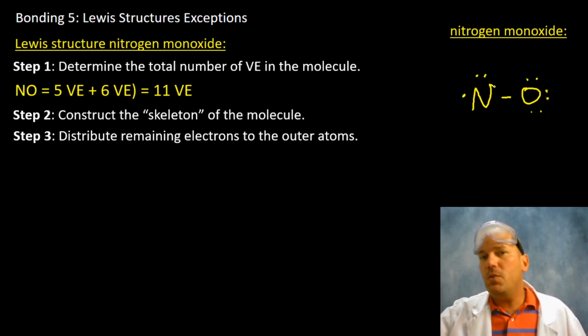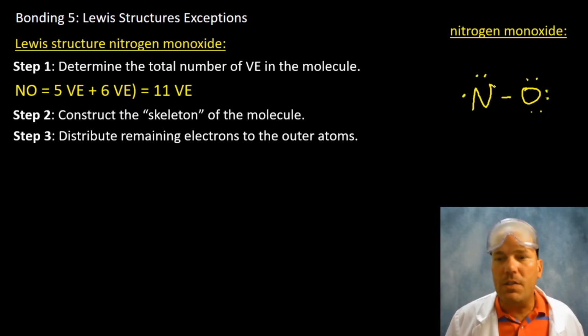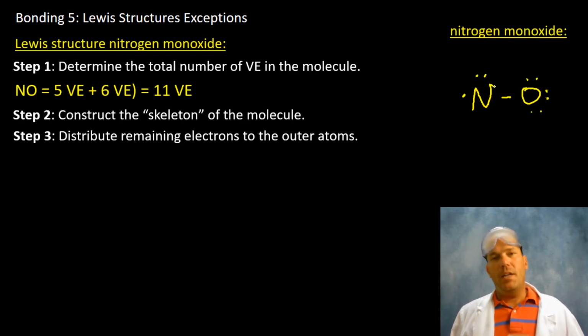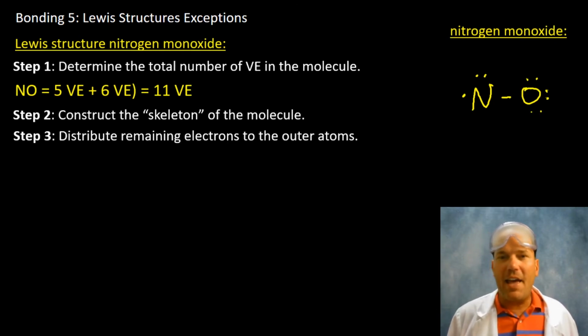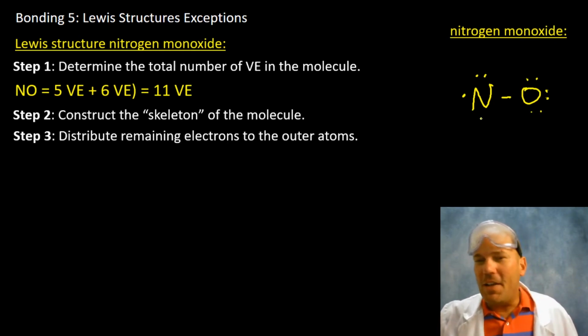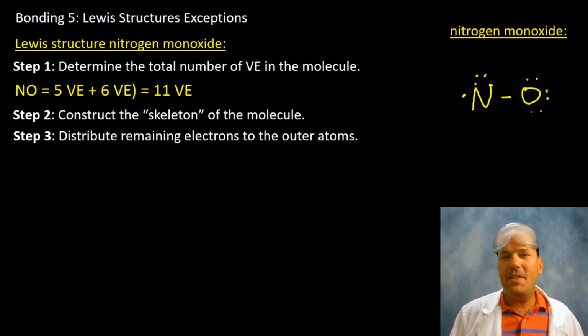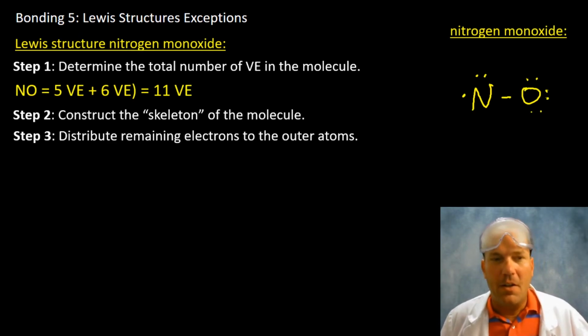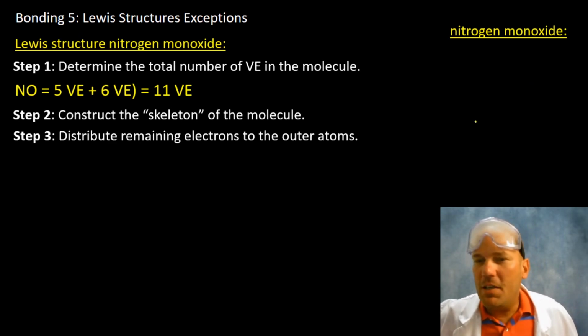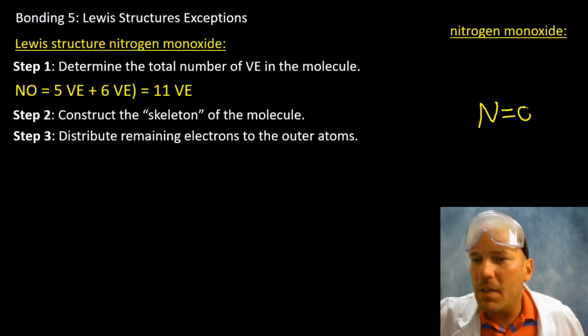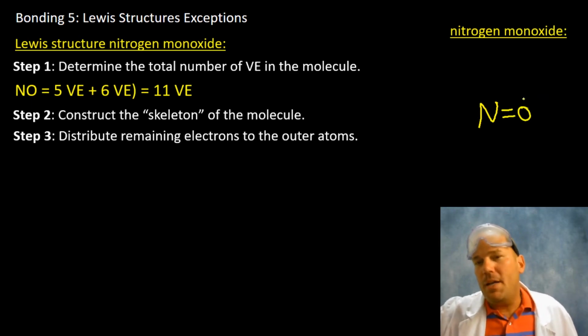And if you were to determine formal charges here, you would see it doesn't work. Furthermore, nitrogen does not have an octet. In fact, nitrogen only has 5, nowhere near 8. So this cannot be the structure. All right, so what you're going to end up doing here is trying a double bond.